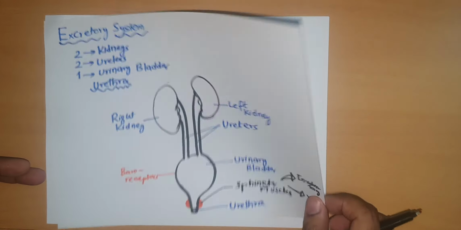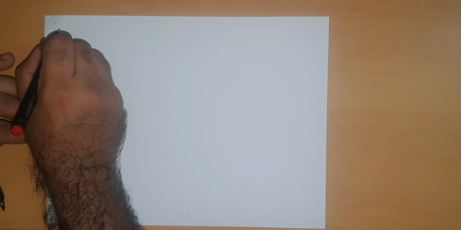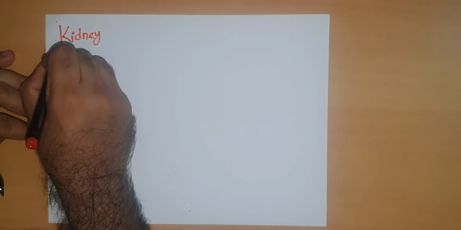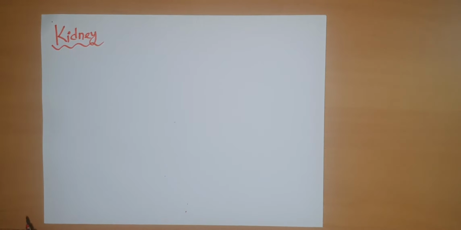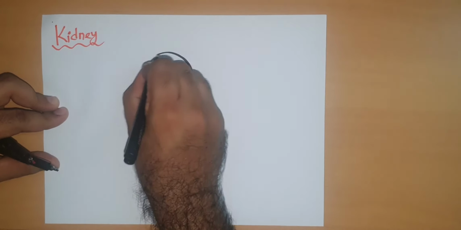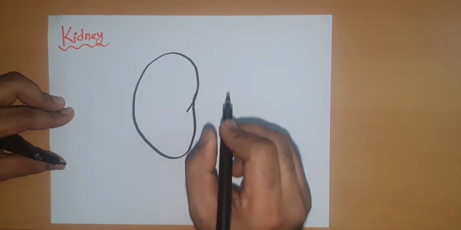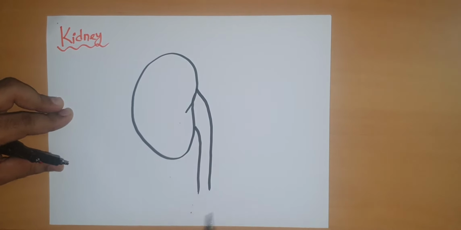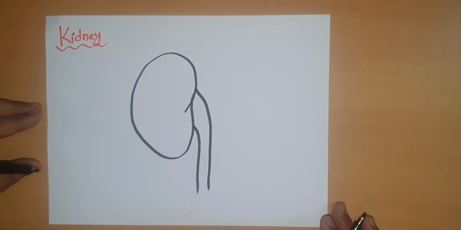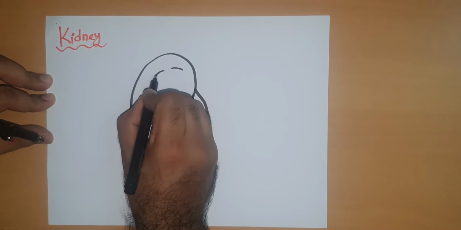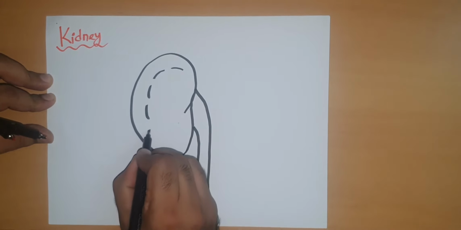Now next I'm going to explain the structure of a kidney. First of all, we are going to draw the kidney. After drawing the layout of the kidney, the next step is to draw these lines over here.